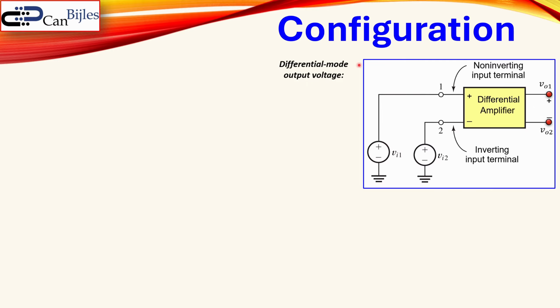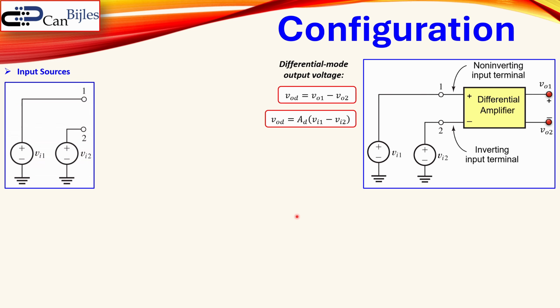Now this differential mode output voltage is given by the VOD. We have already discussed that, which is VO1 minus VO2. And we can calculate that using the difference between these 2 input values, VI1 and VI2, times the differential mode gain AD.